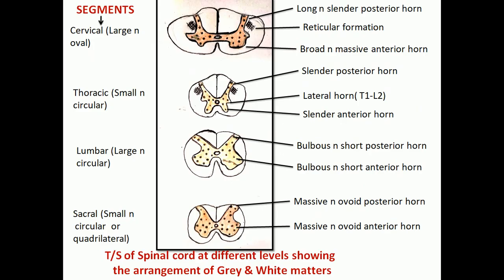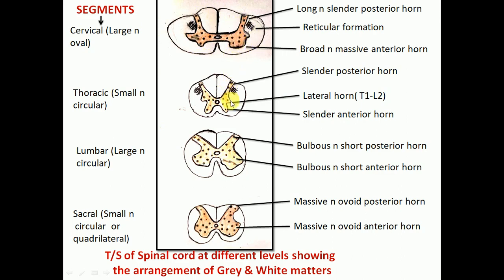Now there are changes that occur at the different segments of the spinal cord, due to the masses of the gray matter, white matter, and the shape of the horns. First of all, when we take sections of the spinal cord at different levels, they look like this. In the cervical region, the overall appearance of the segment is large and oval in shape.